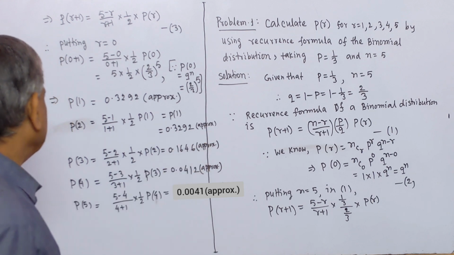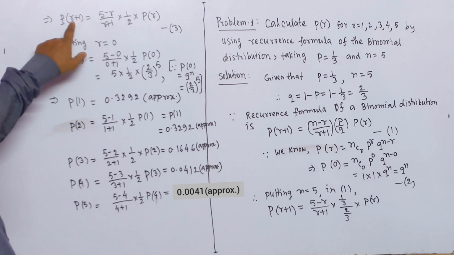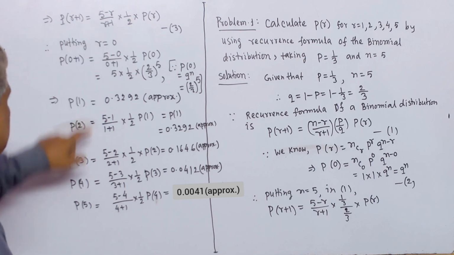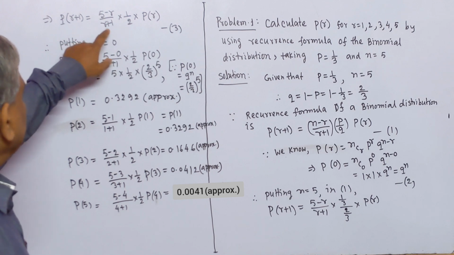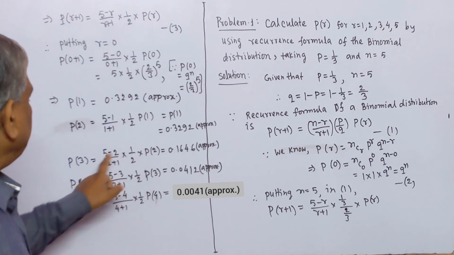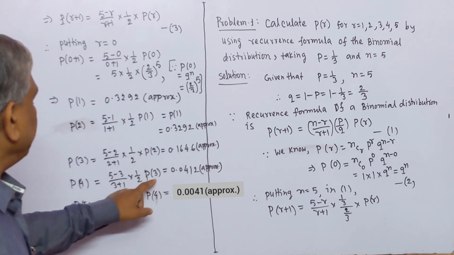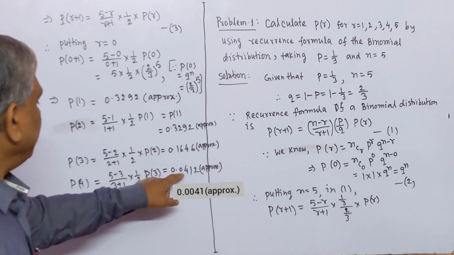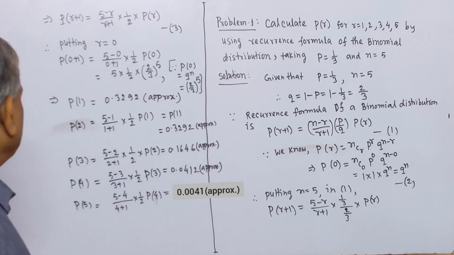0.1646 approximately. Now putting r equal to 3, P(3 plus 1), 4, P4. Here (5 minus 3) by (3 plus 1), half P3. Here putting value of P3, we get the value 0.412 approximately.